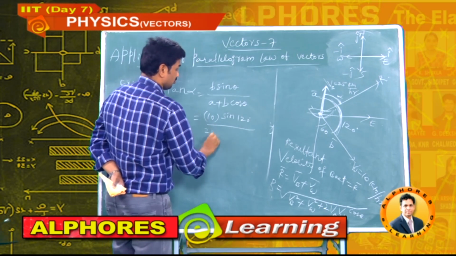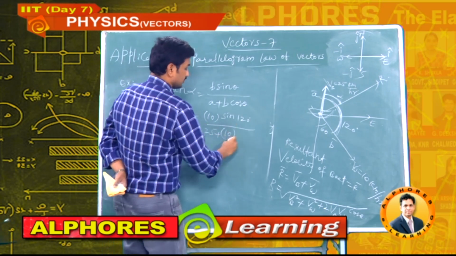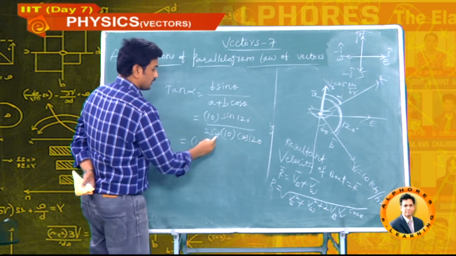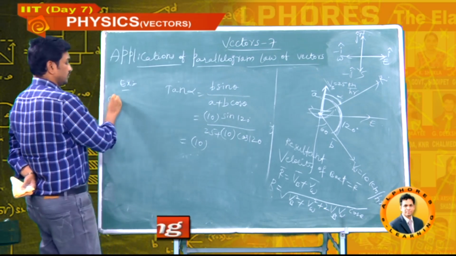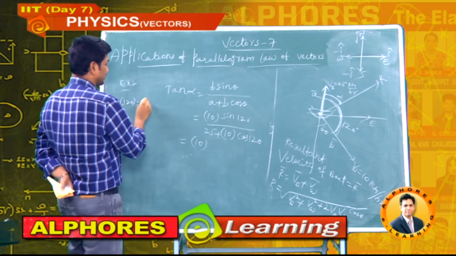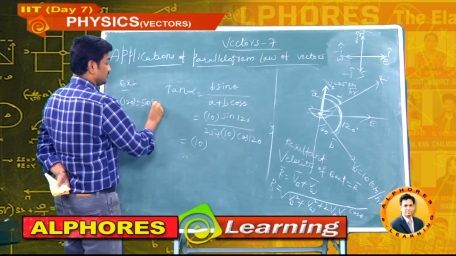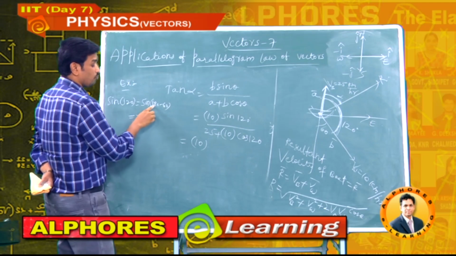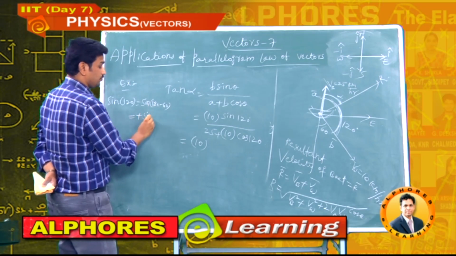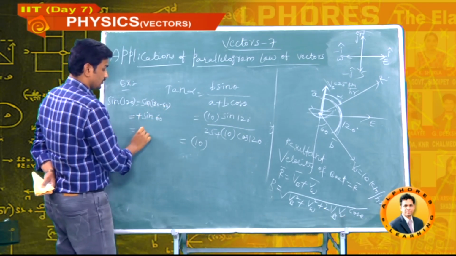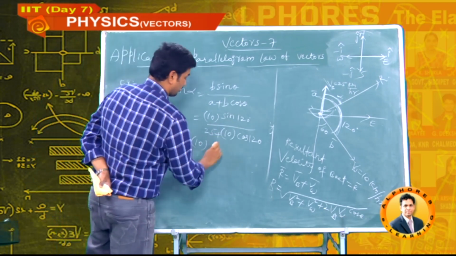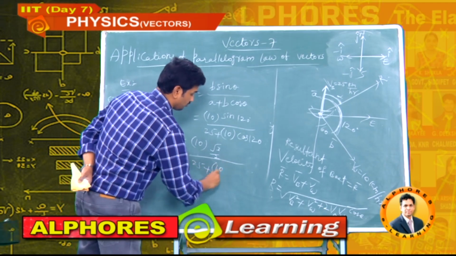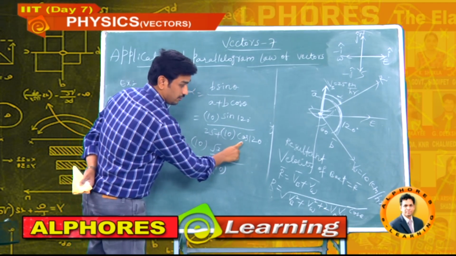A value 25, B value 10, cos 120 degrees. 10 into sin 120, how much? Sin 120 value, sin of 180 minus 60, second quadrant, sin is positive, so it will be sin 60, root 3 by 2.